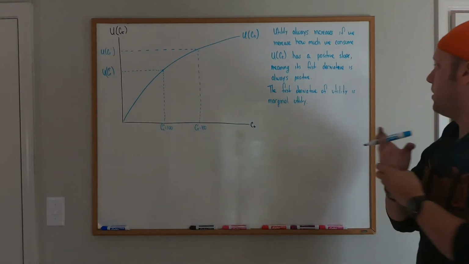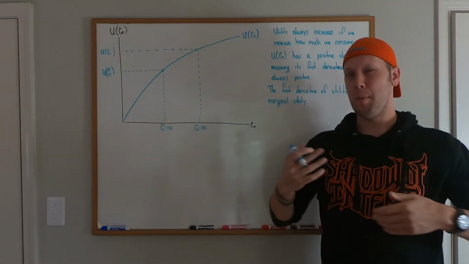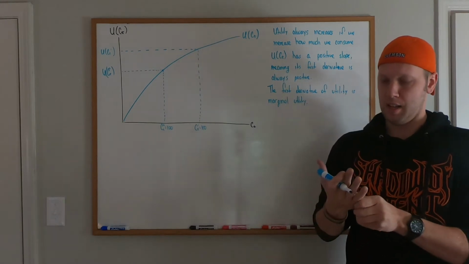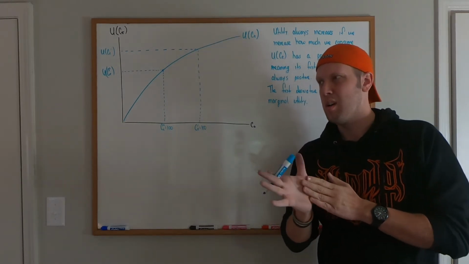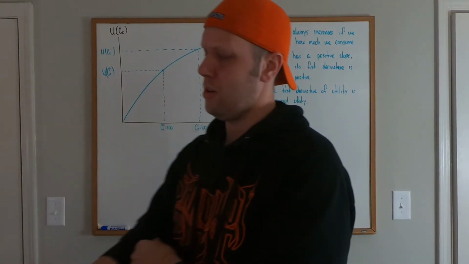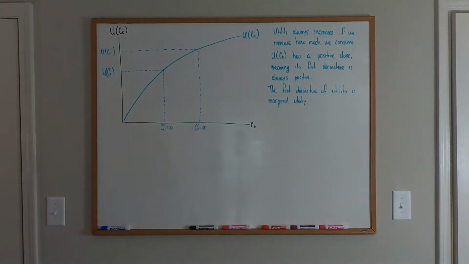So the first derivative of utility is marginal utility. You've probably heard that before, if you've taken any sort of econ courses, which I believe there is at least one prerequisite econ course, possibly two, for you to take this class. The first derivative of utility is marginal utility. What is marginal utility? What does marginal utility tell us?